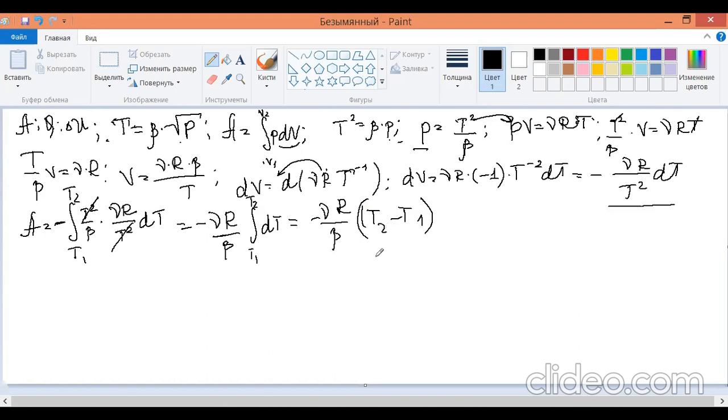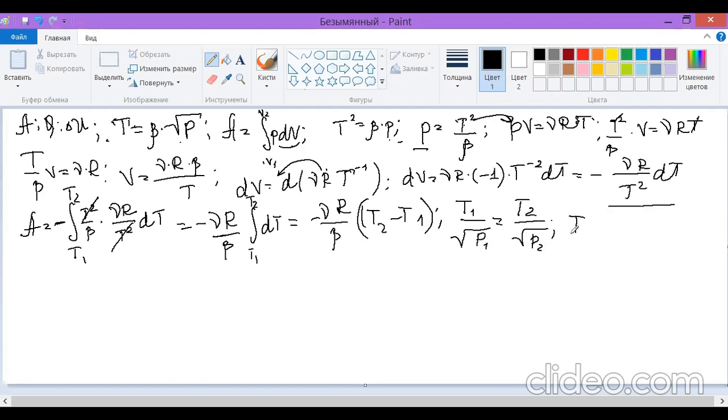to be on the safe side, let's express the temperatures which are included in the formula through pressures and the constant beta. So as beta is the constant, we can write that T sub 1 over the square root of P sub 1 is equal to T sub 2 over the square root of P sub 2.